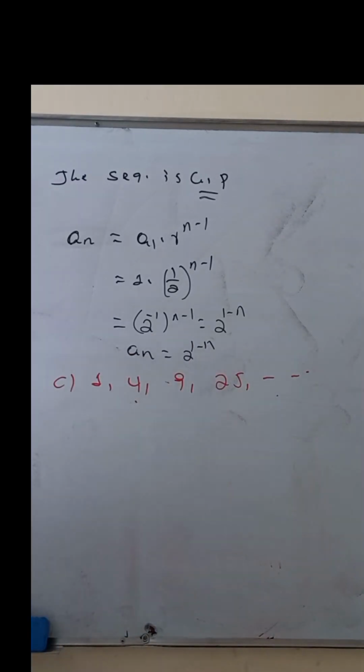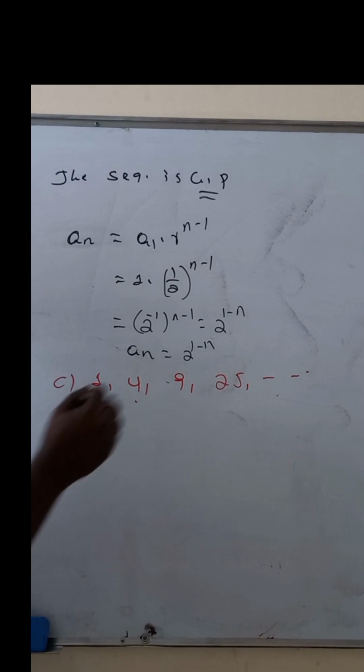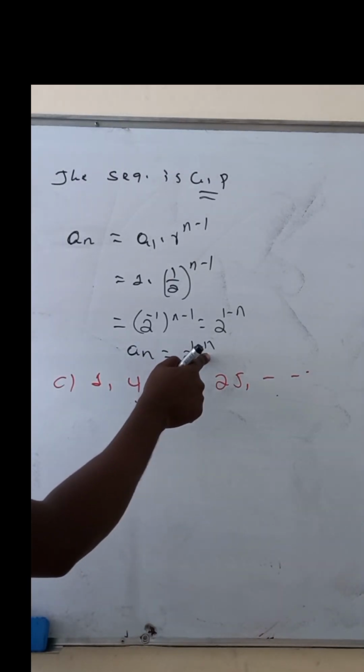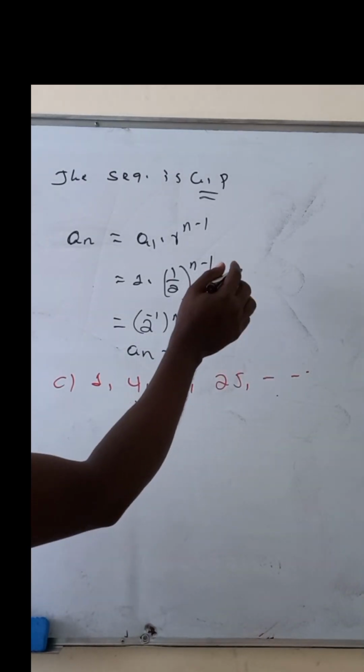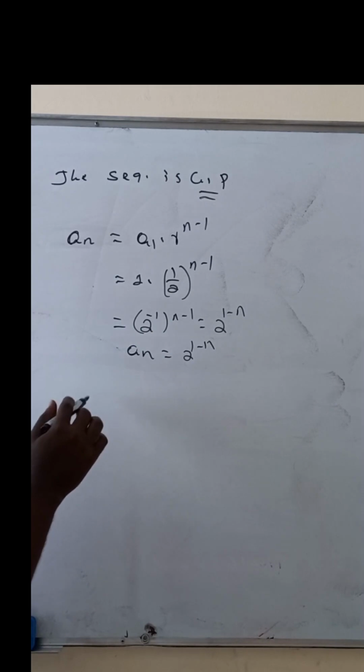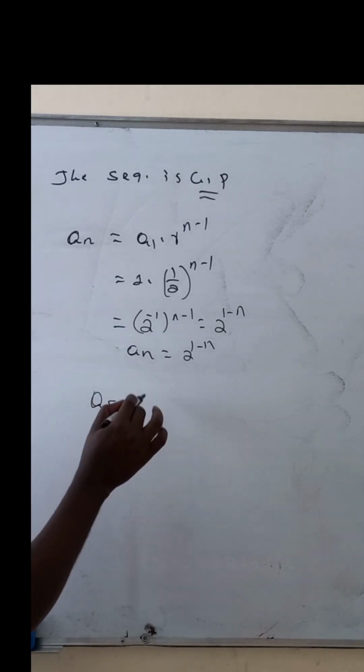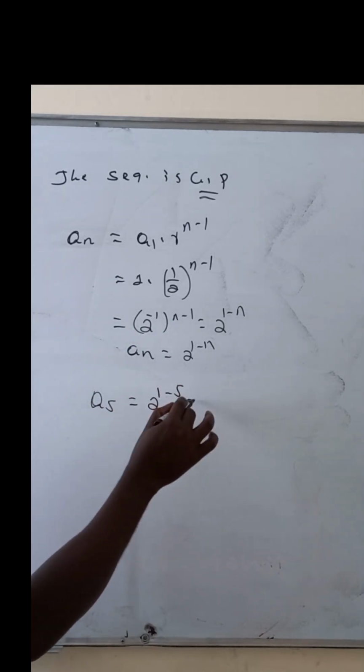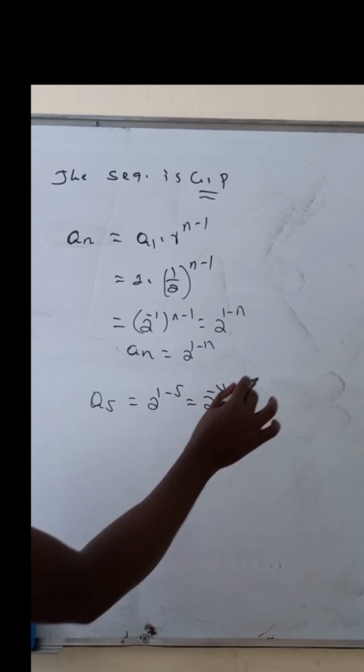So probably on a problem, if you are asked to find the 100th term, or the 20th, or the 10th term for the sequence, you can immediately substitute 10 or 5 or 6. For example, what is the 5th term for the sequence? A5 is equal to 2 raised to 1 minus 5, which is 2 raised to minus 4, which is 1/16.